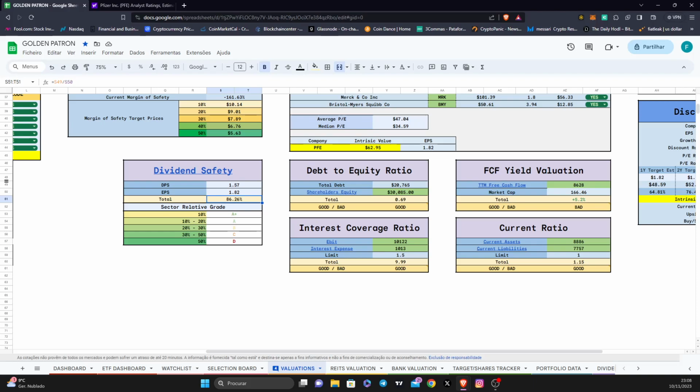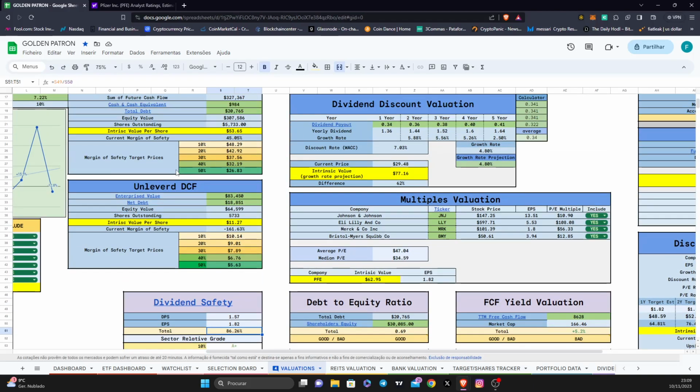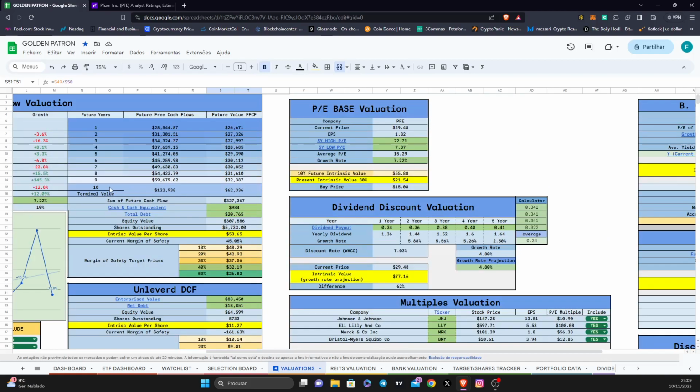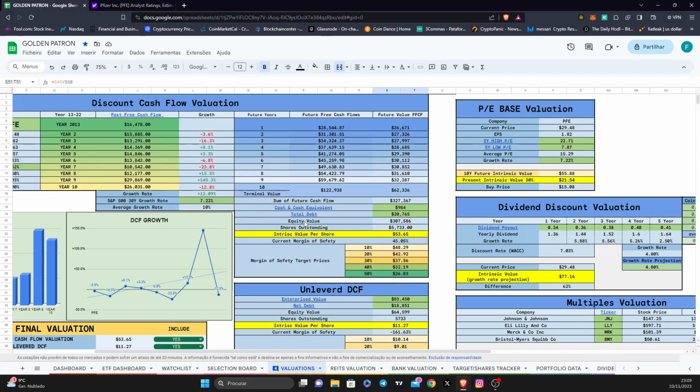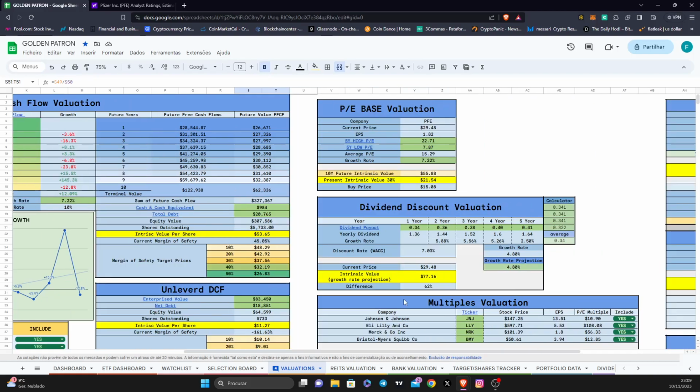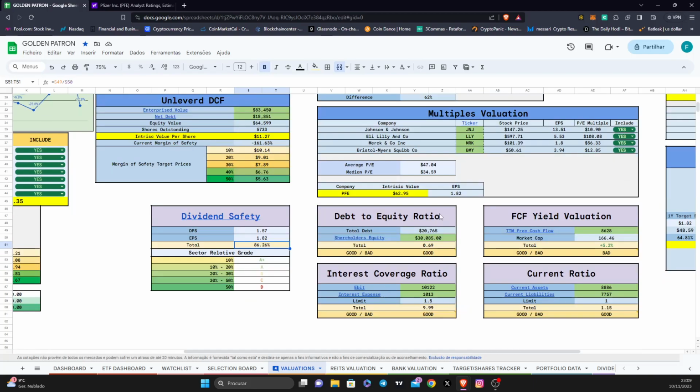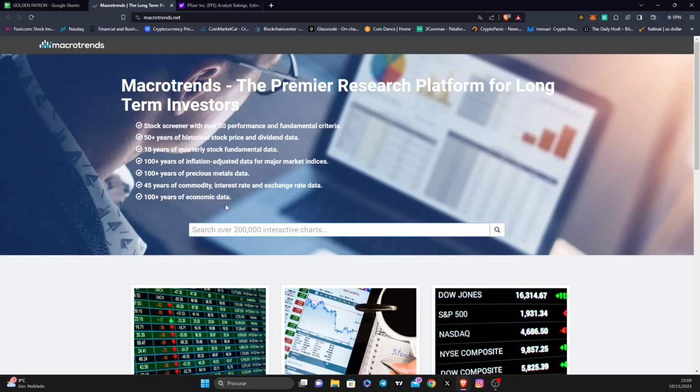Okay, so what we want to do, total debt automatically fills in, and as you can see, it's in blue, and that's because when we're doing the free cash flow valuation, total debt, we get it right here. So since we put it there, we don't have to put it here, it automatically fills in over here. What we need to do is get the shareholders' equity, and for that we come here.